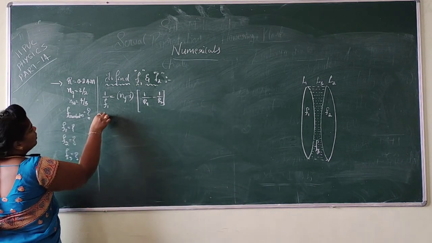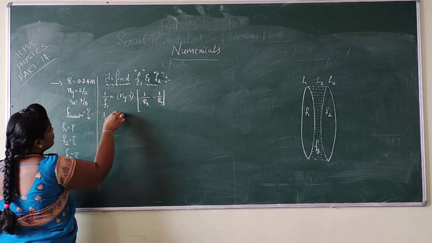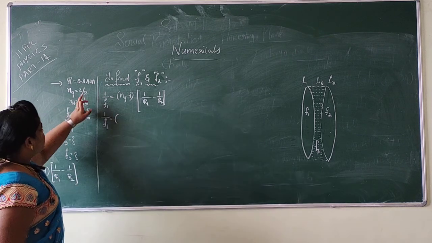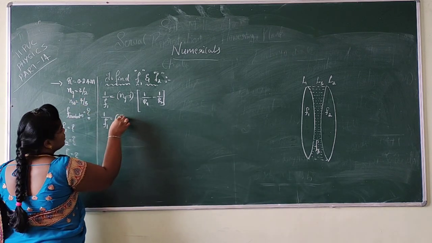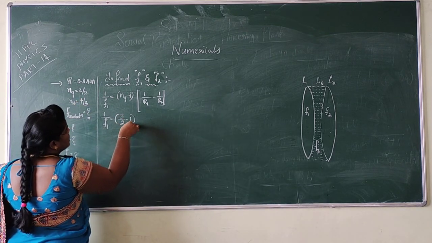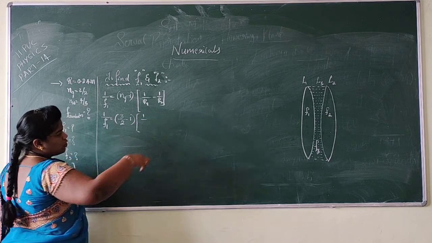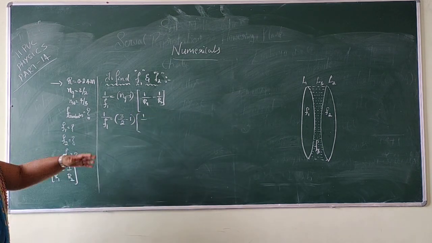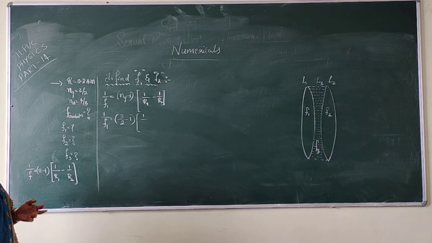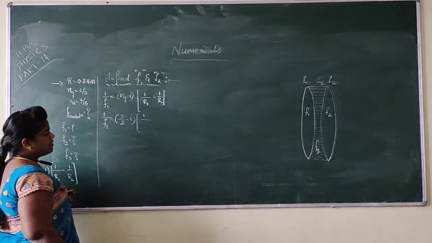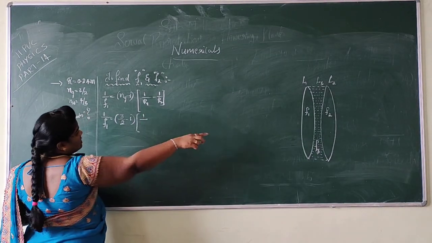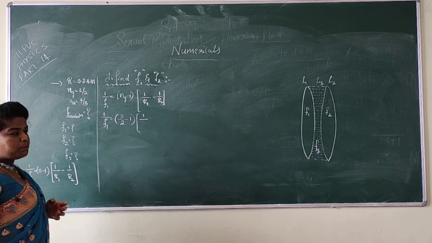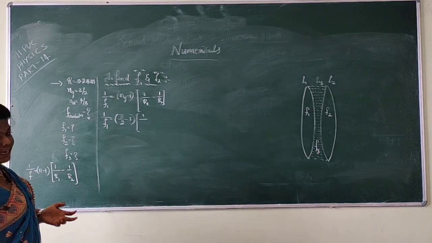Yes, now 1 by F1 is equal to, what is Ng? Ng is 3 by 2, substitute that, 3 by 2 minus 1. And as I said already, one surface has a radius of curvature positive, and the other surface has a radius of curvature negative. Here in this given diagram, R1 becomes positive and R2 becomes negative.